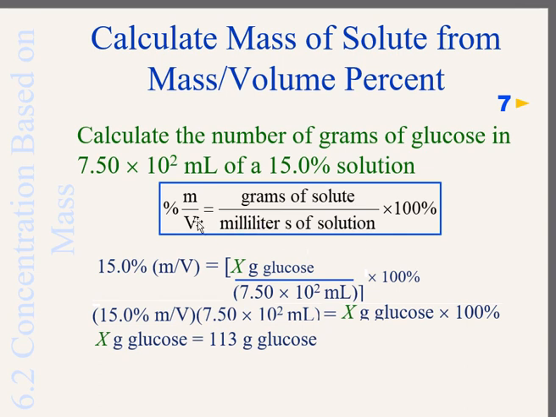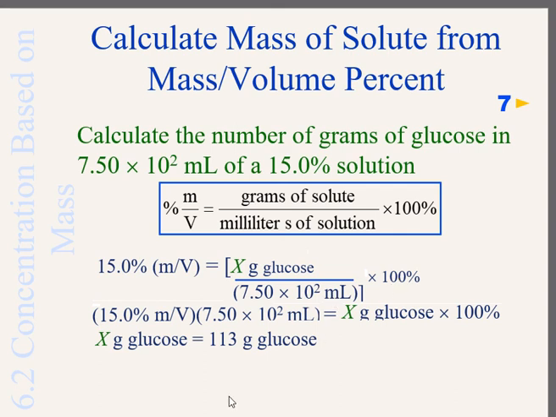So again, we can write the equation, and in this case we know this value, which is 15.0% mass by volume. We do not know the grams of solute, that's our x. We know the volume of the solution, 7.50 times 10 to the 2 milliliters, that's 750 milliliters with 3 sig figs, and we multiply it by 100%.